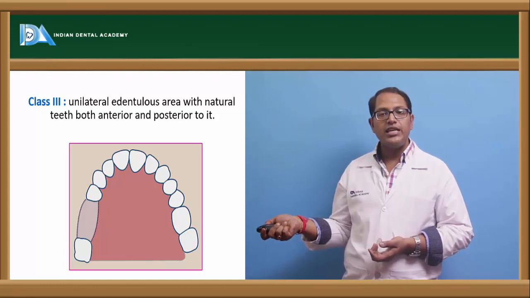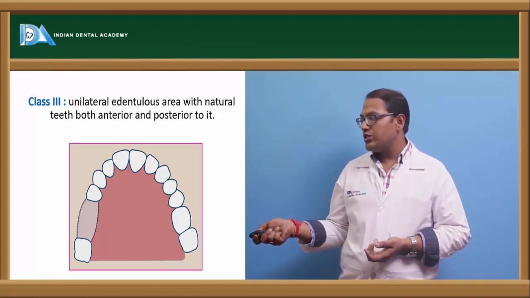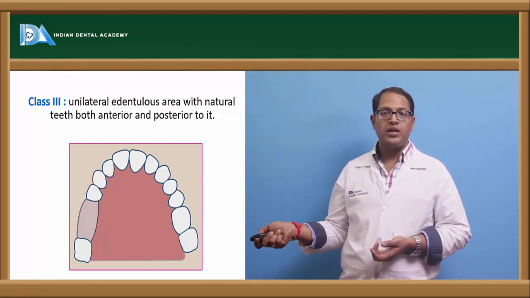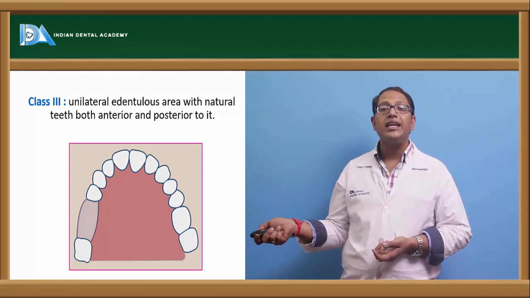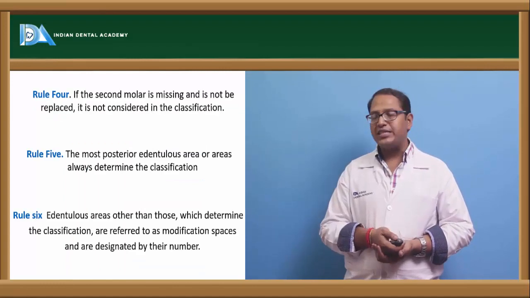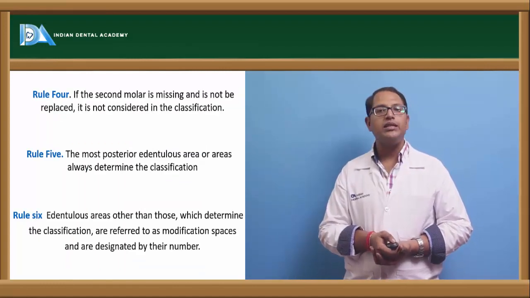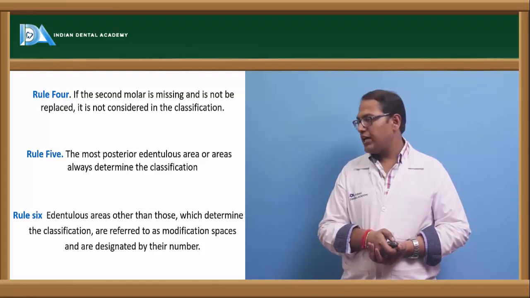So the thing which I need to consider is this side, because that is the most posteriorly missing area. The most posteriorly missing area will determine the classification of that particular partially edentulous mouth. So rule number 5 is clear. The most posterior edentulous area always determines the classification.